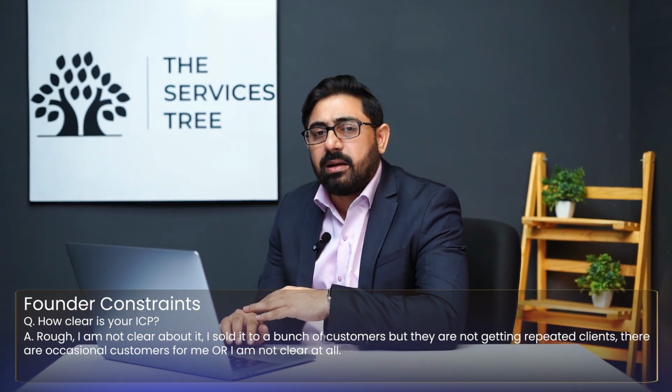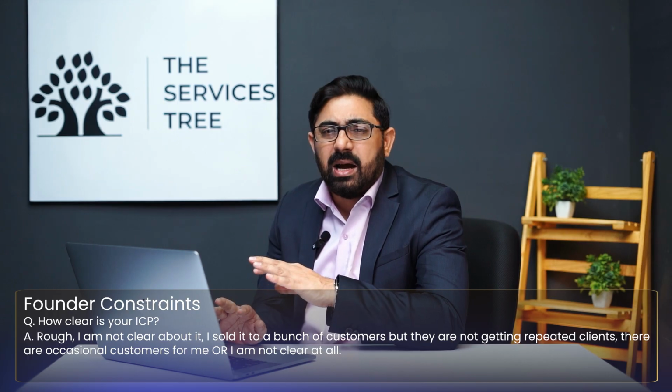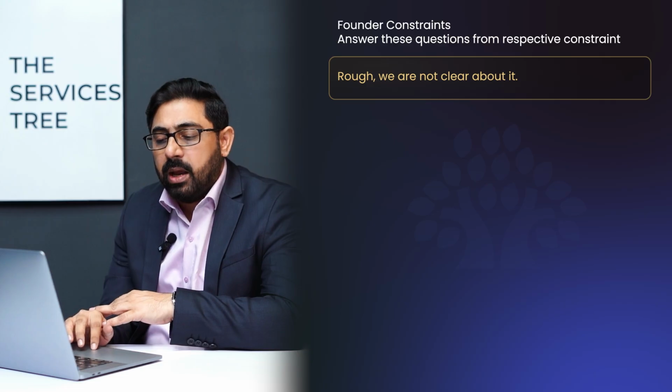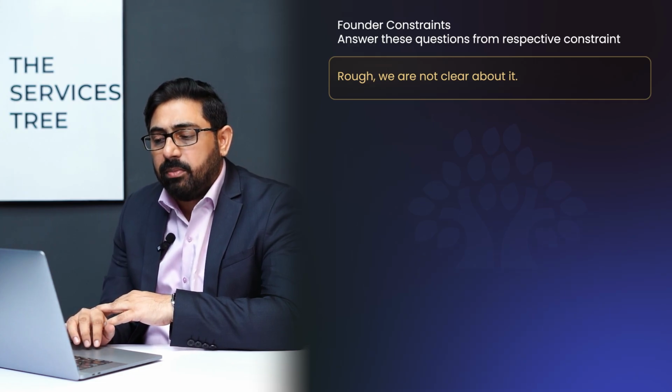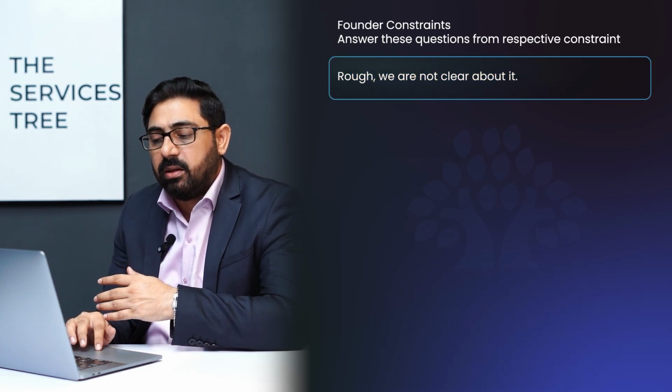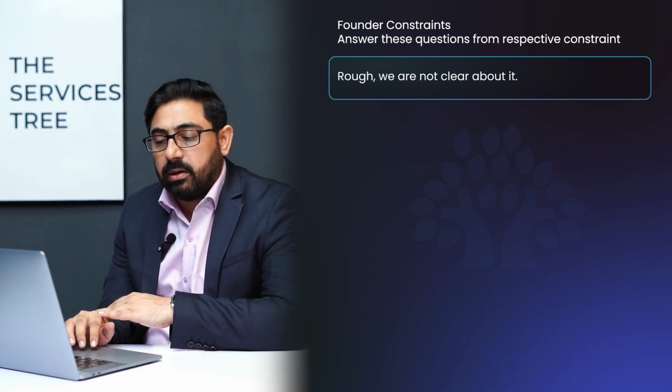I can say that I have a rough idea of my ICP. So let's highlight the cell as rough. For these, we are going to highlight the entire rows to help us out. For a small team with a roughly known ICP, there are different strategies. We will talk about all these strategies later.